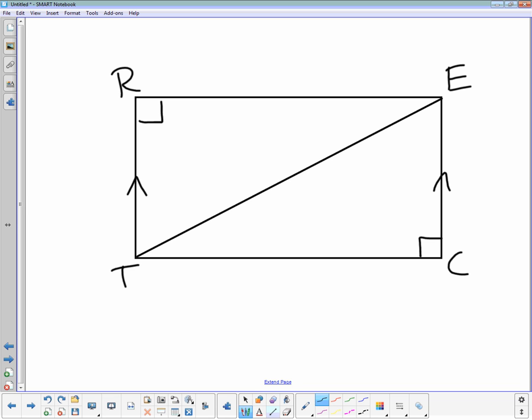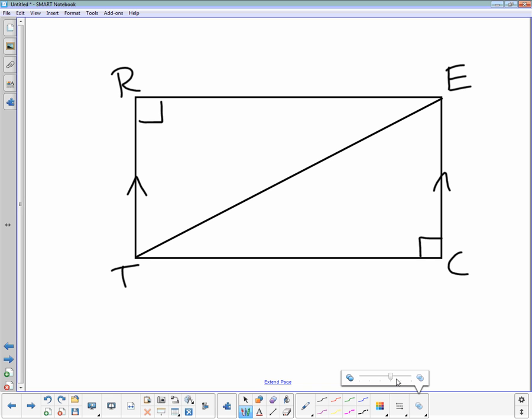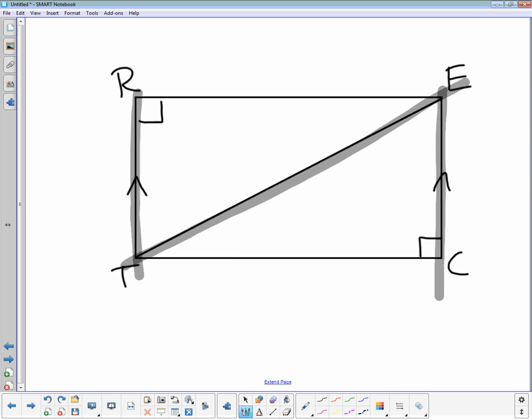Alternate interior angles. And here's how you can find them. You can see where they are, right?